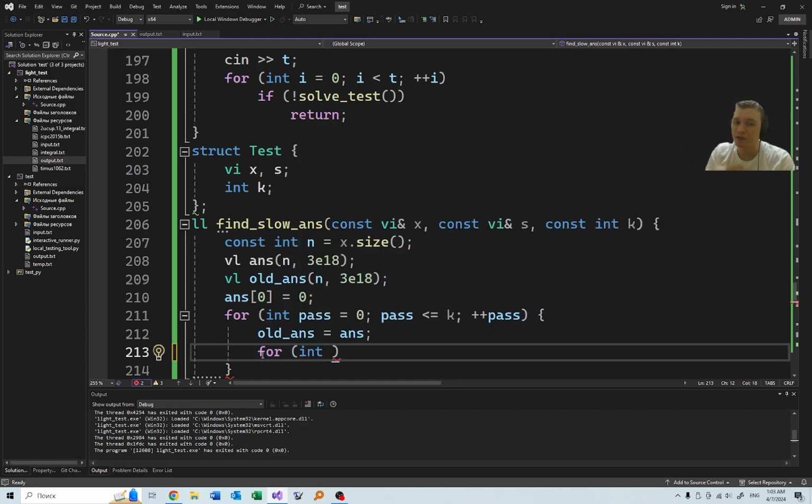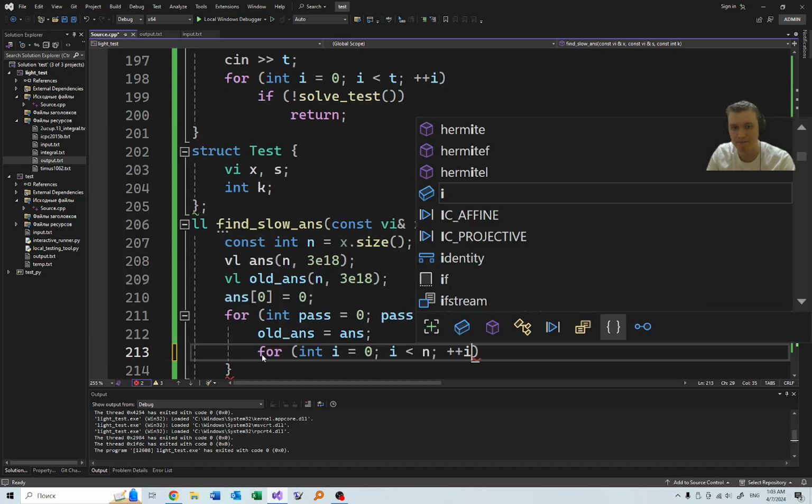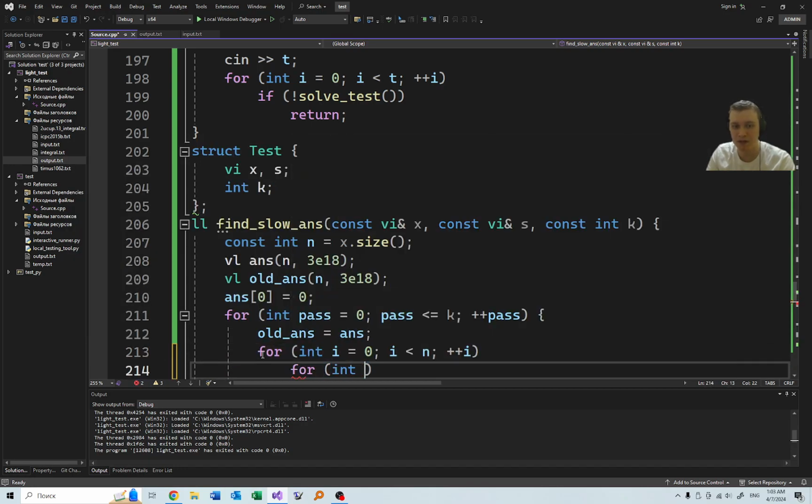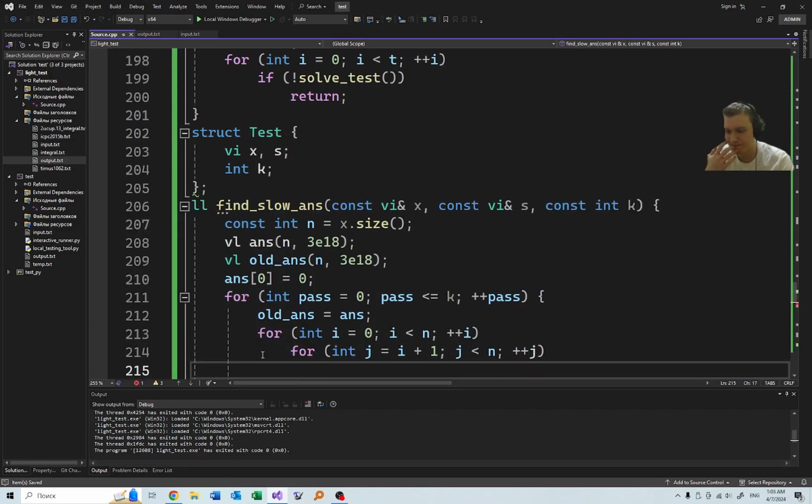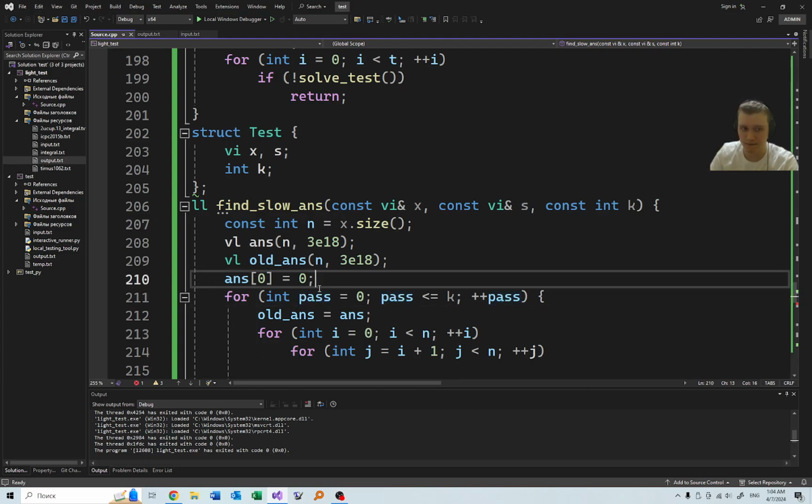So we simply try to do it in quadratic time. So let's try to move the ball from ith person to the jth person. Actually, for that, I want the balls to be sorted. Okay, let's sort the balls.